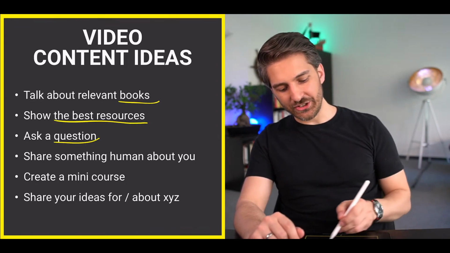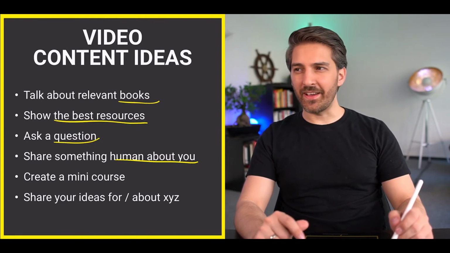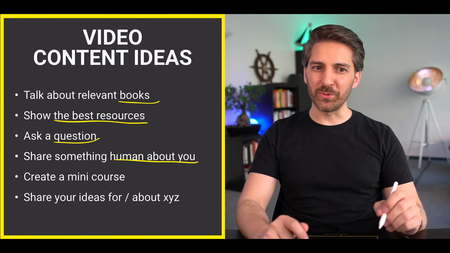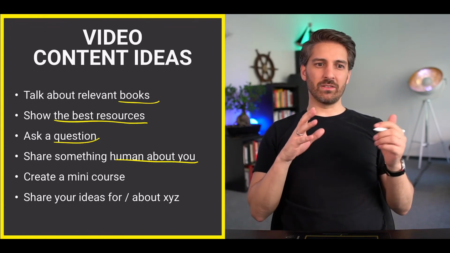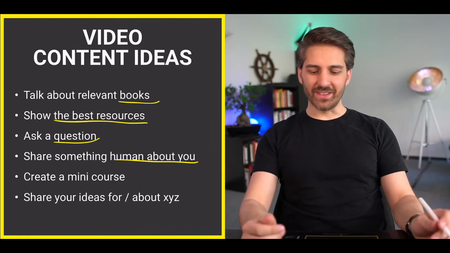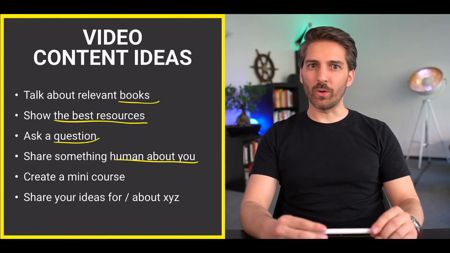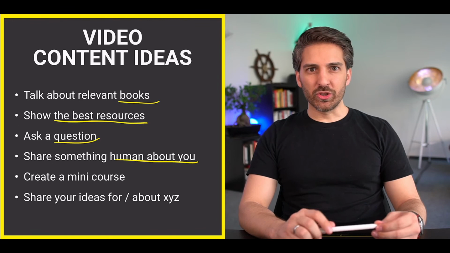And then share something human. We always have something like a fun fact, a fuck up that happened to me, or like an 8-year-old memory that I share maybe once a month, which is more than enough. That actually shows that I'm not some kind of robot or super weird, not approachable person.